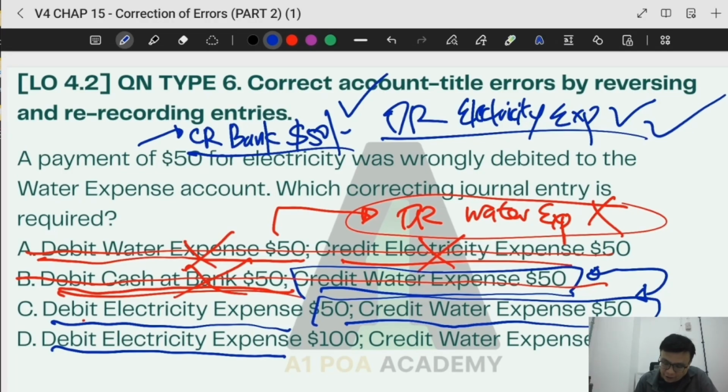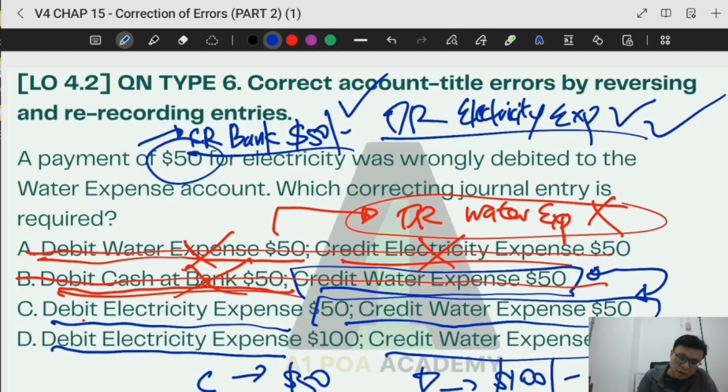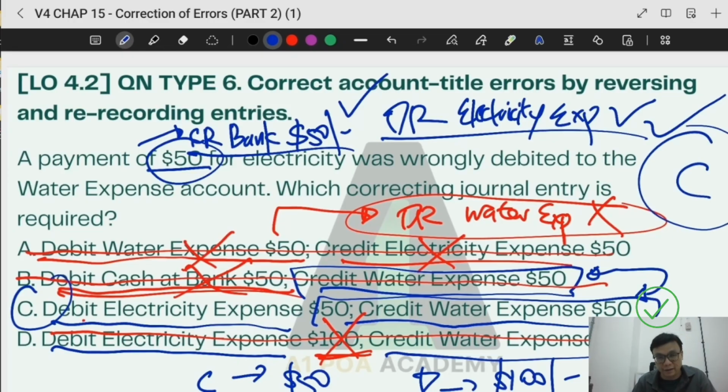Credit water expenses, yes, correct. But if you look carefully, between C and D, C is talking about $50 and D is talking about $100. The question already told us it is $50. Because of the wrong values, D will be the wrong option. Therefore, D is wrong as well, and because of that, C is the correct answer.